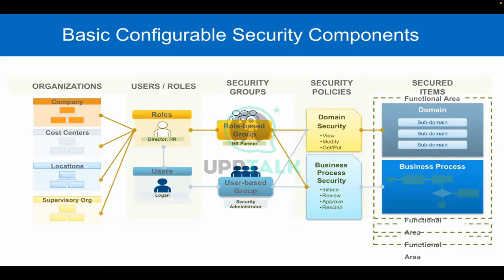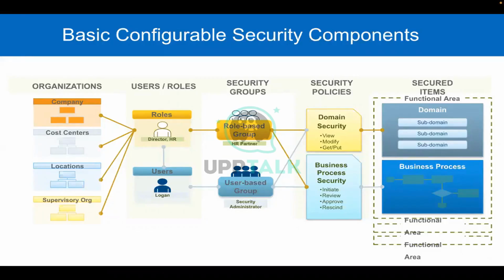Now within the security groups, in the same visual we are looking at, if you look at this users and roles section, it says two types. One is users and the other one is roles. Each of it defines two types of security group: a role-based security group or a user-based security group.